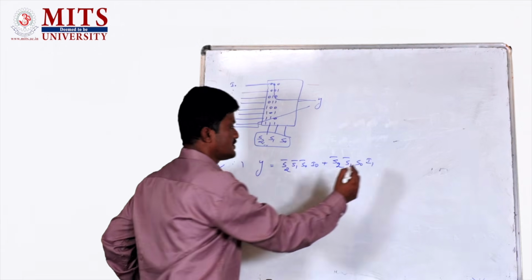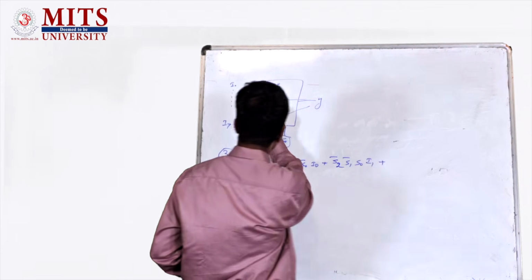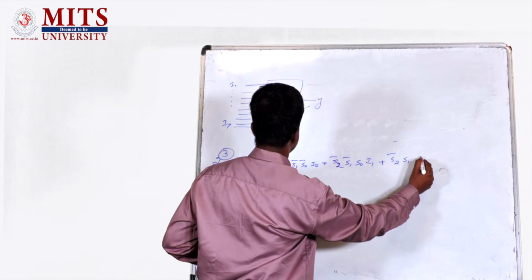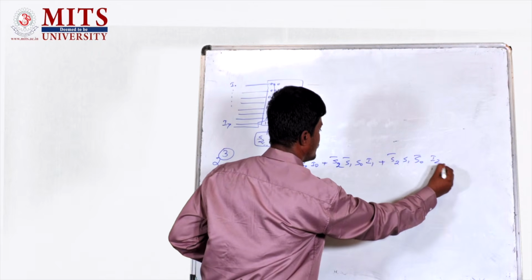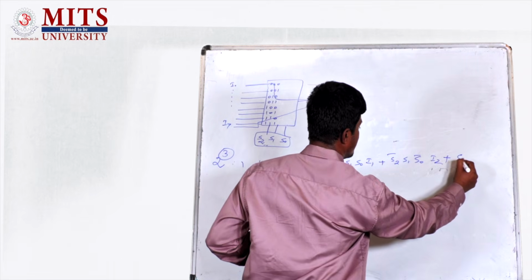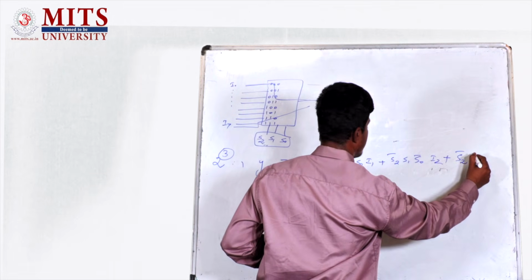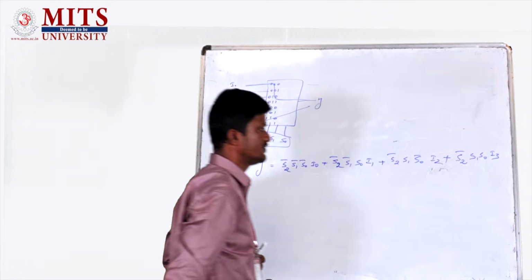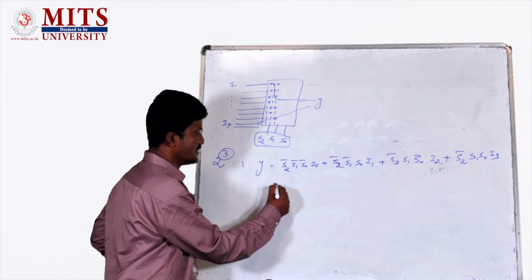Then the third term is 0, 1, 0, so S2 bar, S1, S0 bar, I2 plus S2 bar, S1, S0, I3.